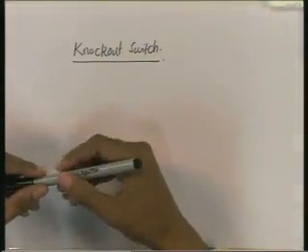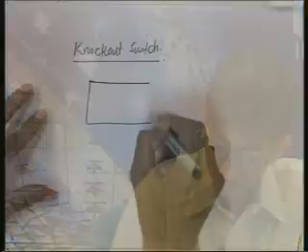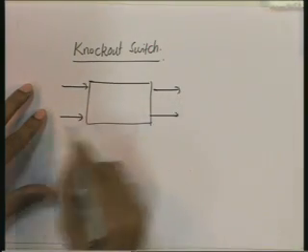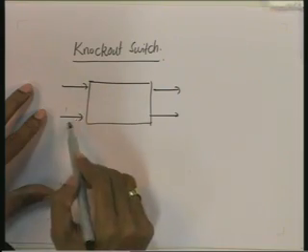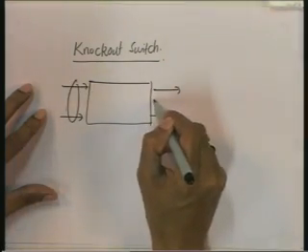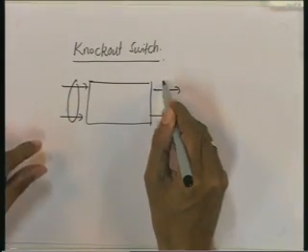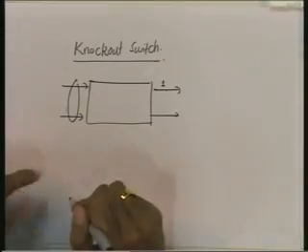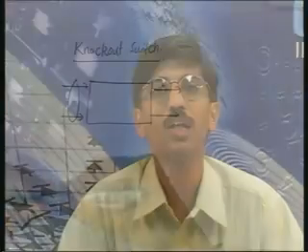Now, the basic idea of the knockout switch is that typically, if you really see what would be the worst case for HOL blocking, for an n cross n switch, the worst case would be that all the n input ports have a packet which is meant for a particular output port. So, let us say output port 1, all the n input ports want to send a packet to output port 1. Now, this is really a pathological case. In practice, this is not likely to happen.